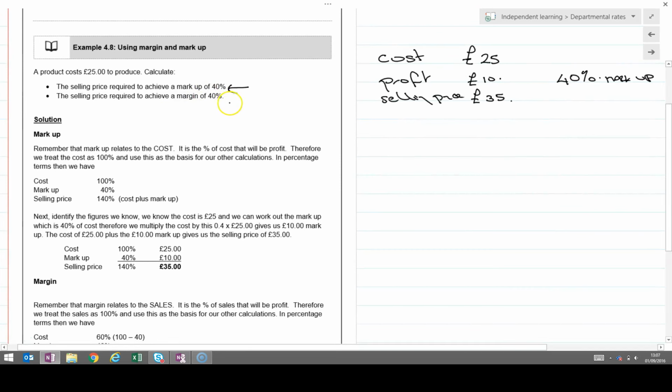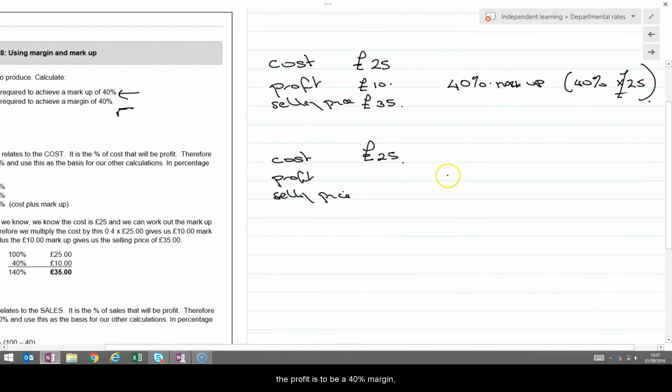Now, the second part of this question, the selling price required to achieve a margin of 40%. So cost, profit, selling price. We know the cost, £25. The profit is to be a 40% margin.